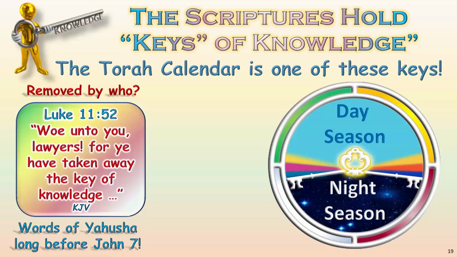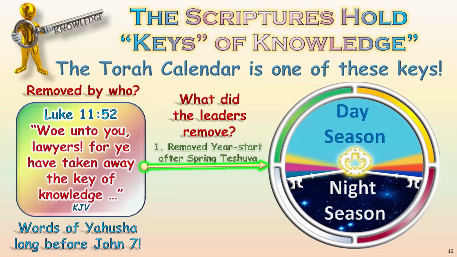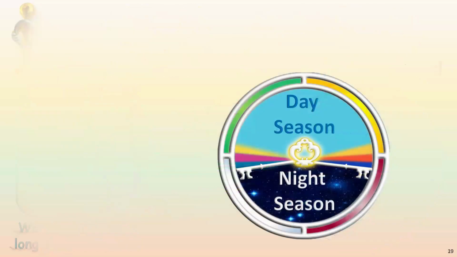And I just want you to note that those words of Yahusha are long before you get to John 7 in his ministry. And what else did these leaders remove? They removed the year start after the spring teshuva, and they removed the day start at Boker twilight. They've removed a lot from this beautiful Torah calendar.